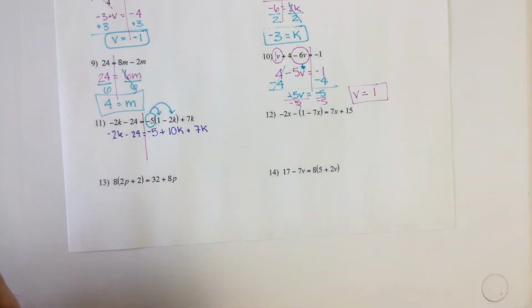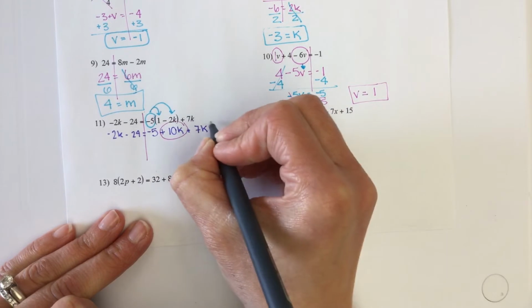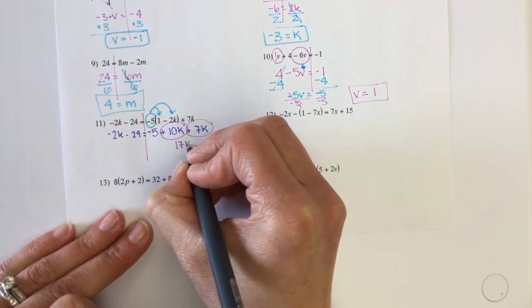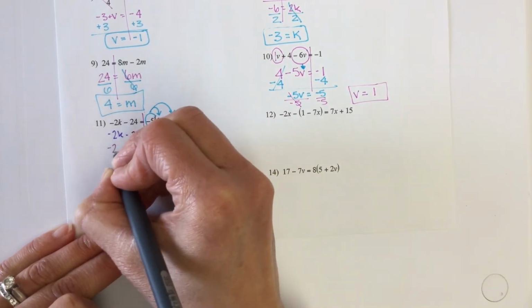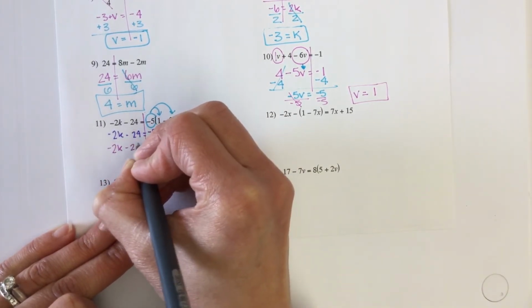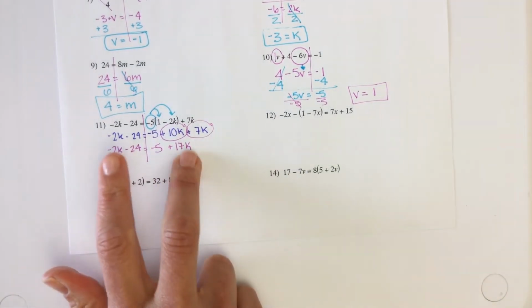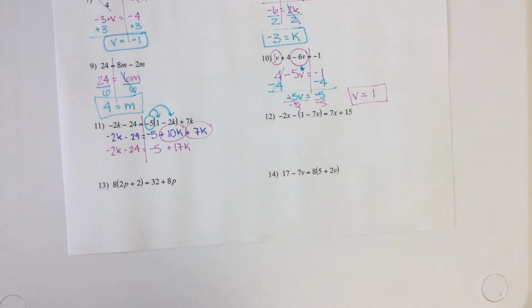So still on the right side of my equal sign, I can combine my 10k and my 7k to get 17k. Now this is what we started to practice right at the end here, where we have variables on both sides. Since we have variables and numbers on both sides, we can play weakest link.